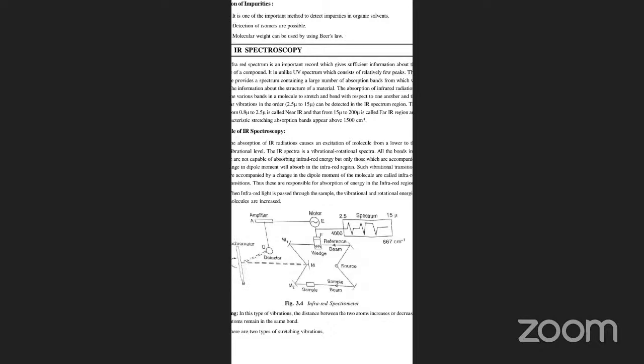Stretching. In this type of vibration, the distance between the two atoms increases or decreases, but the atoms remain in the same bond axis. There are two types of stretch vibrations.